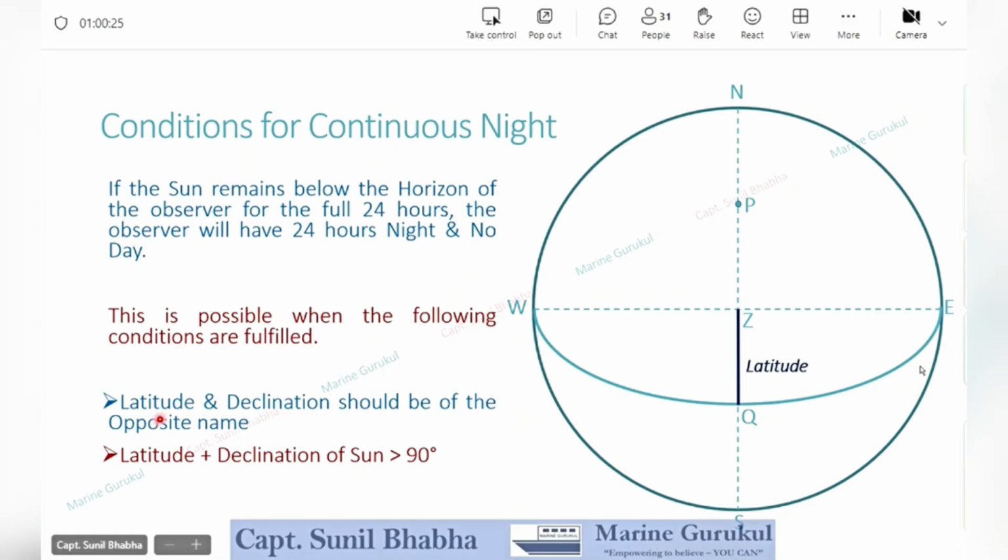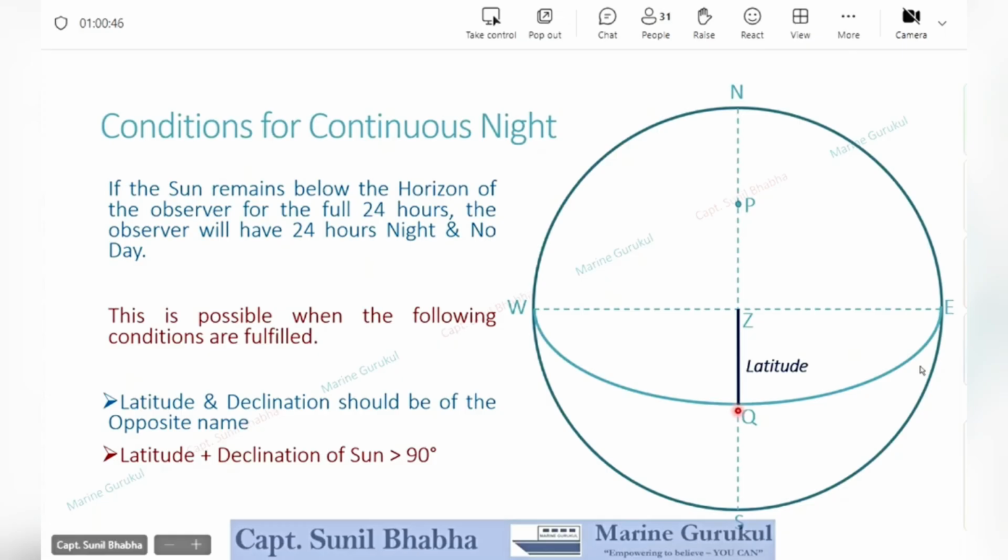Now our first condition says that the declination should be of opposite name to the latitude. So in this case, if the latitude is north, the declination should be south. South declination means that the sun would be below this point Q. So the sun would be southwards of point Q, which represents the equinoctial.